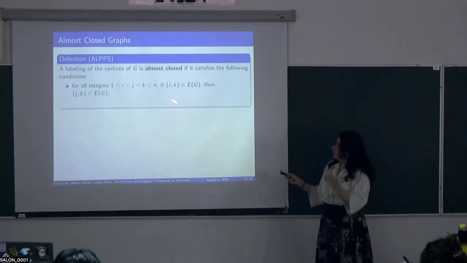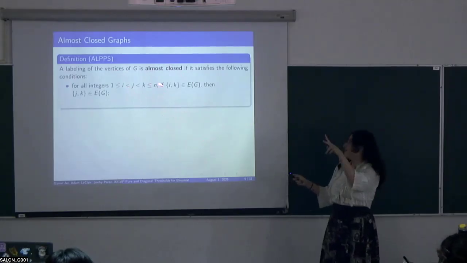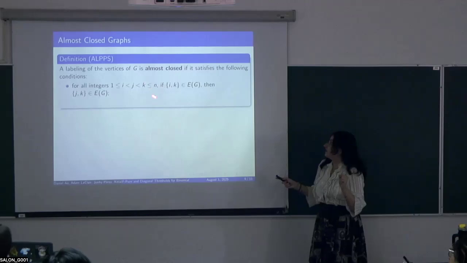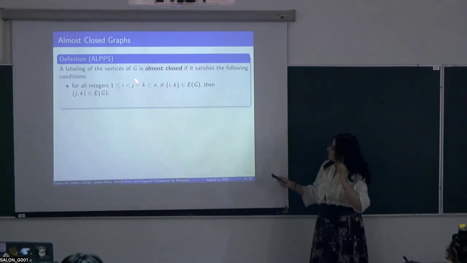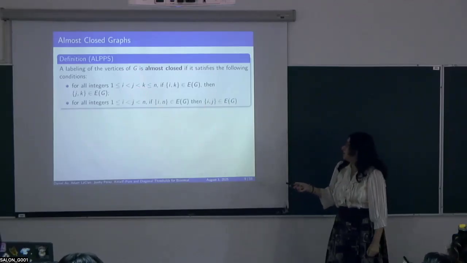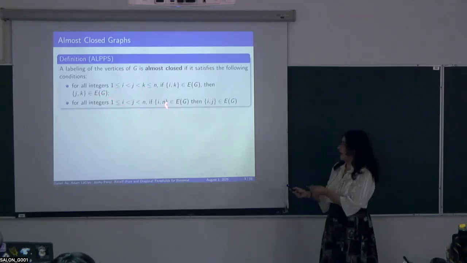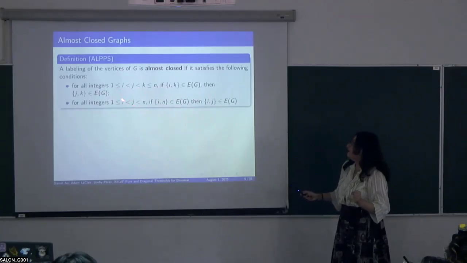First, if you have two vertex labels that are connected, then all the vertices in the middle must be connected to the highest label one. The second condition is that if your vertex i is connected to the vertex m, that is the highest label one, then i must be connected to all the vertices in between.